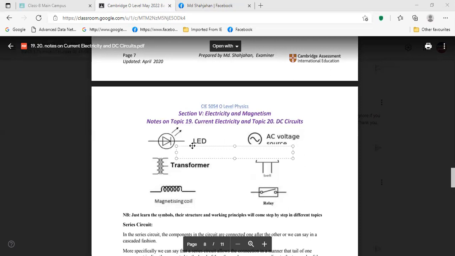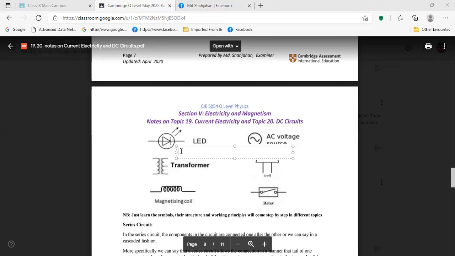We have the displays, advertising displays in the streets, right? Roads, highways. Those are also LED, right? Different kinds of light are coming out through this light emitting diode.